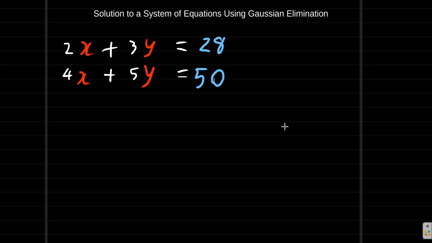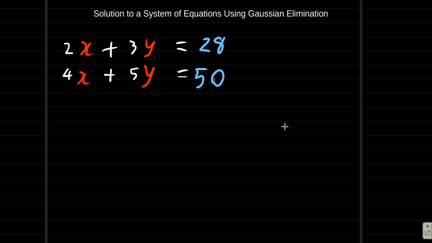Now, sometimes you might have seen the Gaussian elimination method, and another time you see the Gauss-Jordan elimination method, right? What happened is this: Carl Friedrich Gauss, who lived between 1777 and 1855, is credited with developing the idea of that elimination method. So they call it the Gaussian elimination method after him.